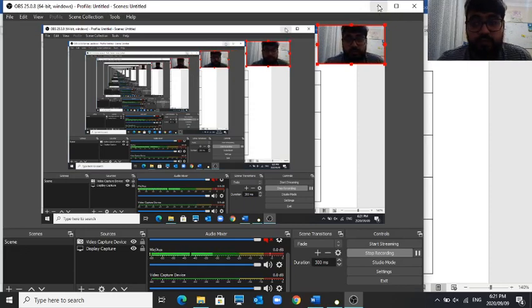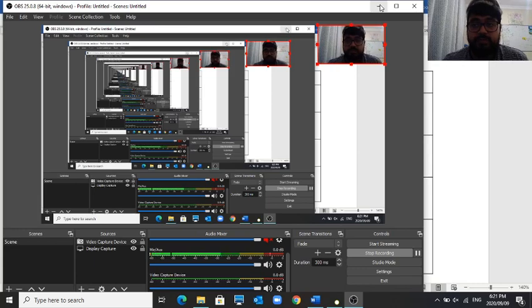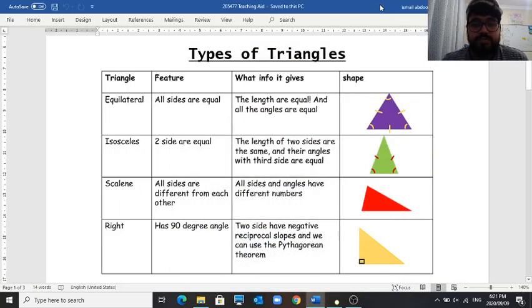Today we will be moving on to the section called Space and Shape, and we will be dealing with different shapes. As you can see on the screen, we will be first dealing with triangles. In this section, we're going to be looking at the properties of two-dimensional shapes.